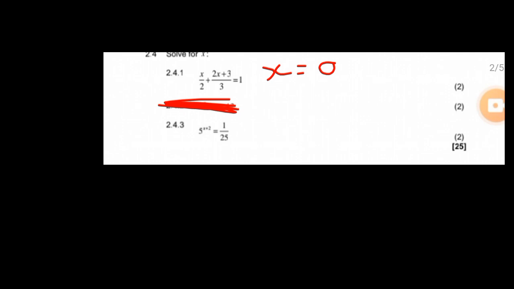Go to 2.4.3. 5 to the exponent of x plus 2 equal to 1 over 25. So whenever we see x as an exponent, a number will need to change into its factors. Again, it's not because we see a fraction that we must cross multiply, whereby it would become 5 to the exponent of x plus 2 over 1 equal to 1 over 25.